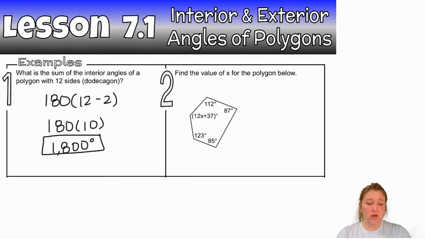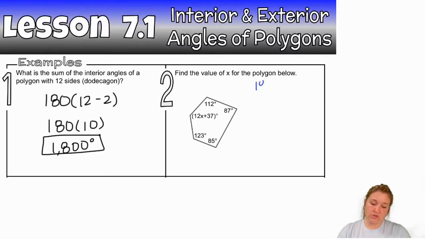Okay, so for the value of x, we're going to have to talk about how many sides are on this pentagon, or on this polygon, and then we're going to have to use that to find the value of x here. So let's see here. We have a 5-sided figure that's called a pentagon for this polygon. So what we'll do is find out how much the inside angles are all going to add up to be.